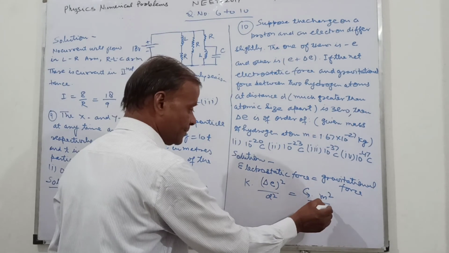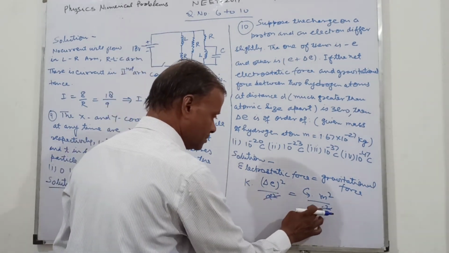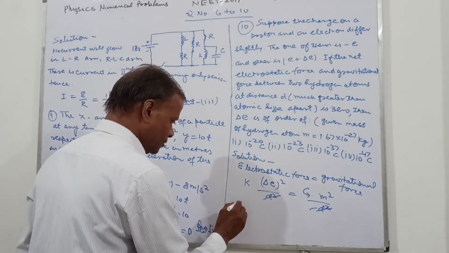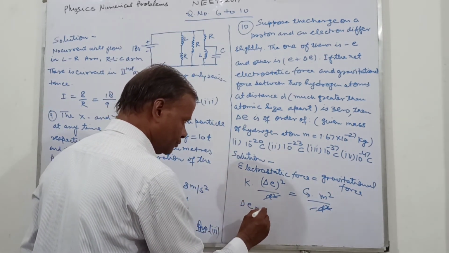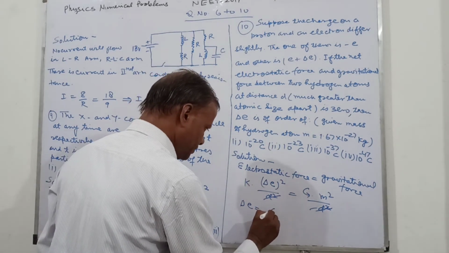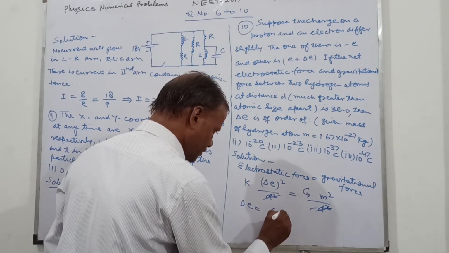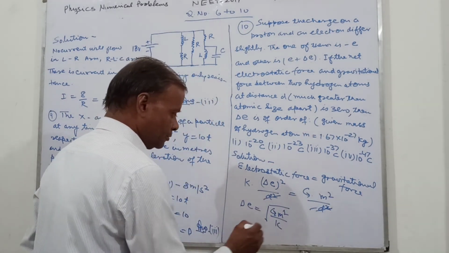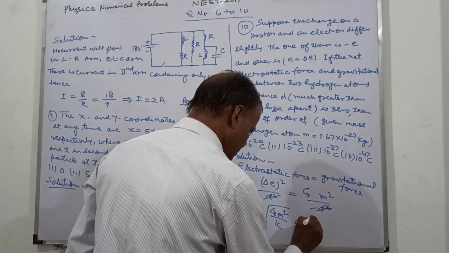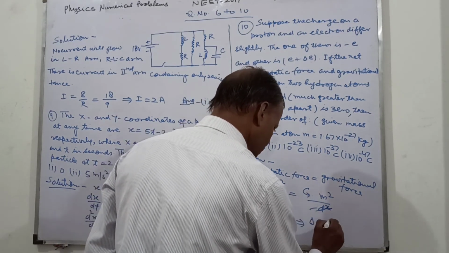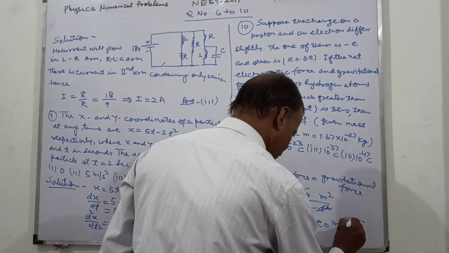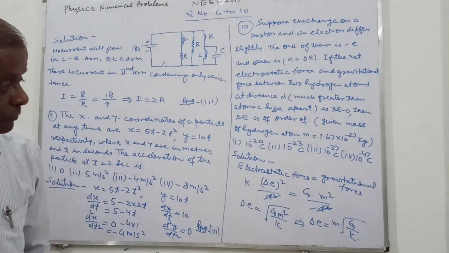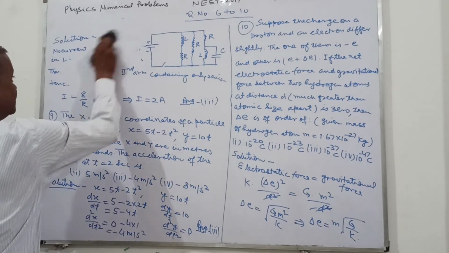This r square and this d square will cancel from both sides. So delta e is equal to the square root of G m square upon K. So delta e equals m into square root of G upon K. So now you put the value and find the answer.